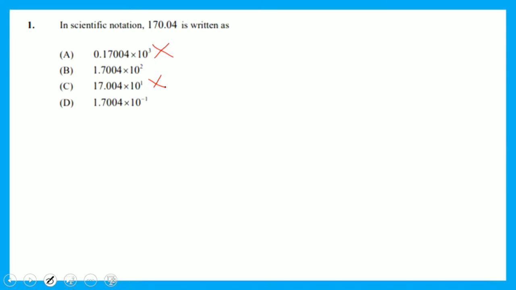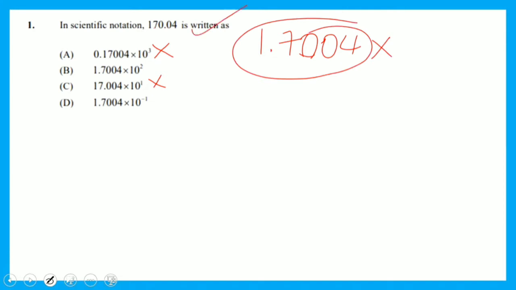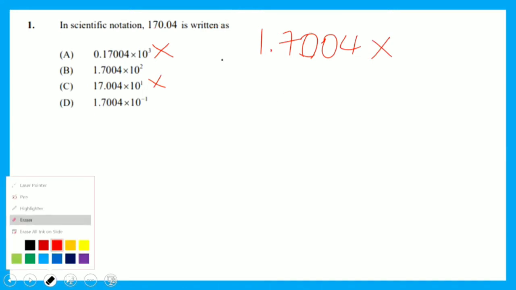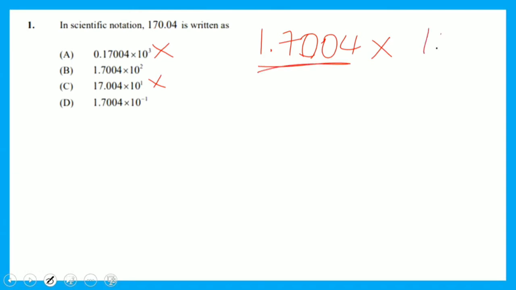So we are going to be writing 1.7004, and that's because after the 1, all the other digits in the original number are 7, 0, 0, and 4. You just write them straight like that. Then what we're giving as our answer is, what power of 10 can I multiply this by to get back the original number, 170.04?